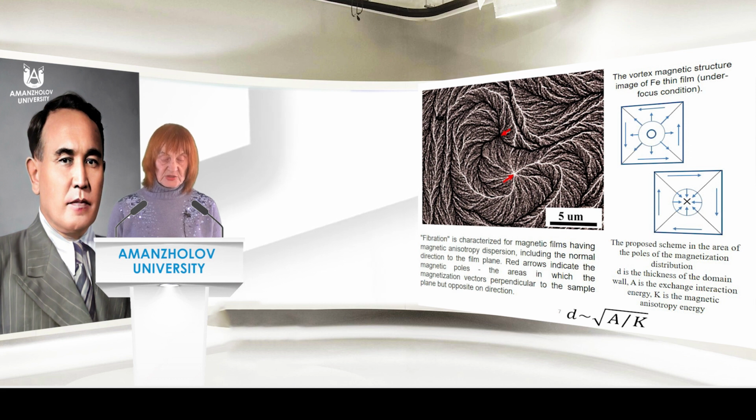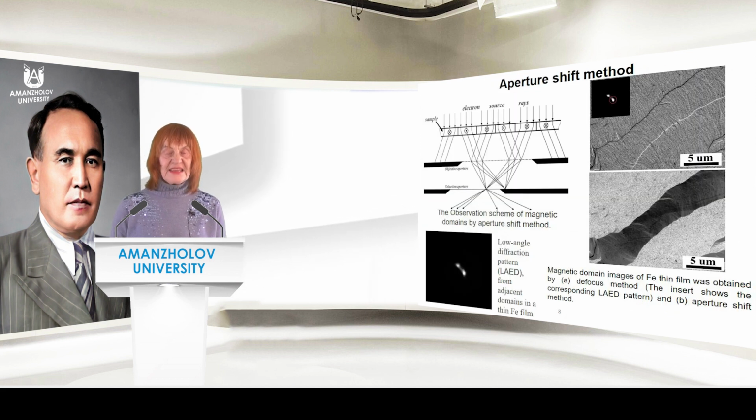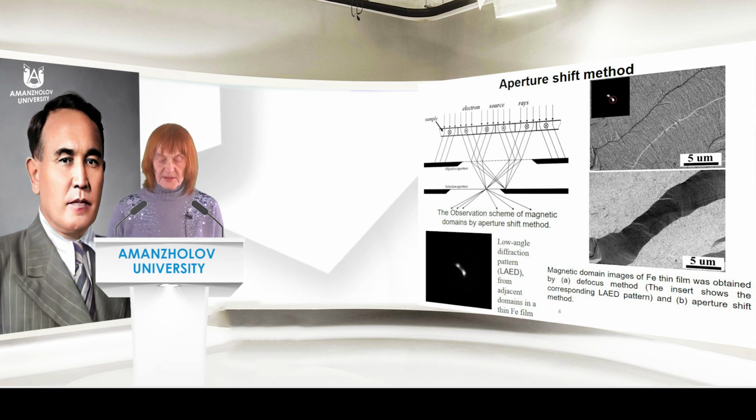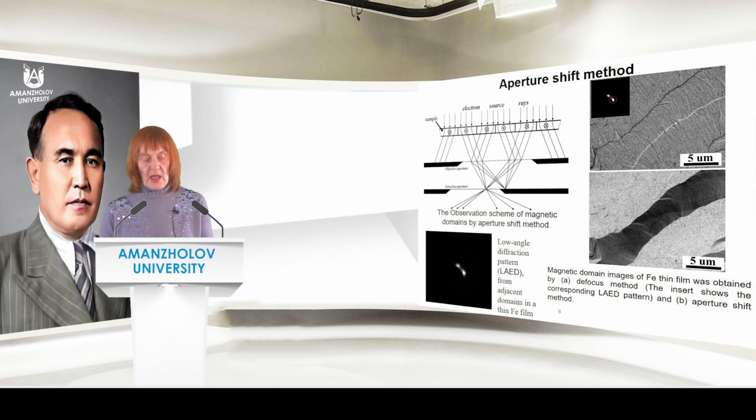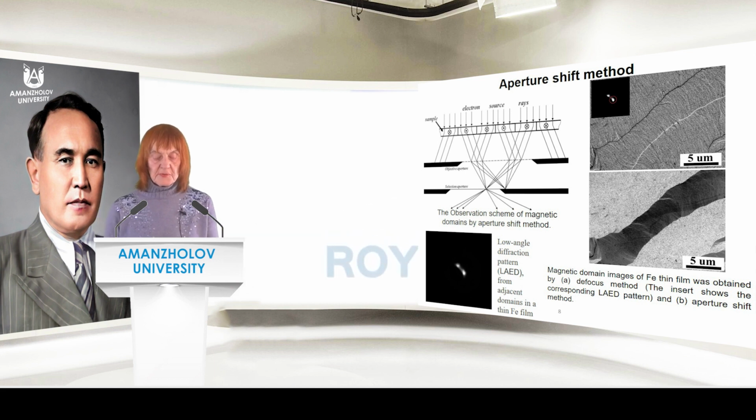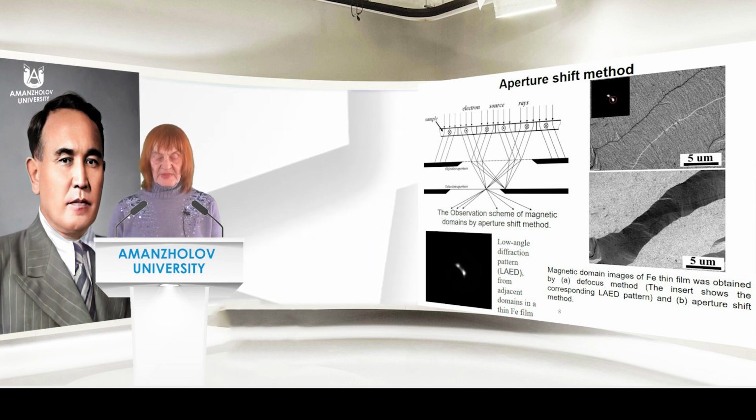The next picture shows the magnetic domain structure observation scheme by the aperture shift method. Since the current supply of the main objective lens is switched off, the diffraction image is formed in the selective aperture region.